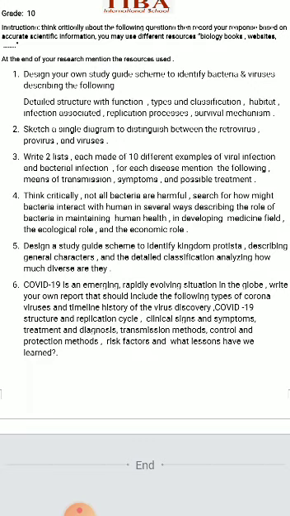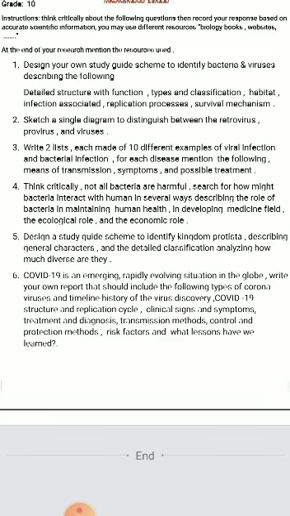And then you have to get into the main points: the COVID-19 structure, the type of the virus, the replication cycle, what kind of cycle, clinical signs and symptoms, the symptoms that appear on the patient, the treatment that's used so far, and the transmission methods, how it could be transmitted from one organism to another, and how it started at the beginning.